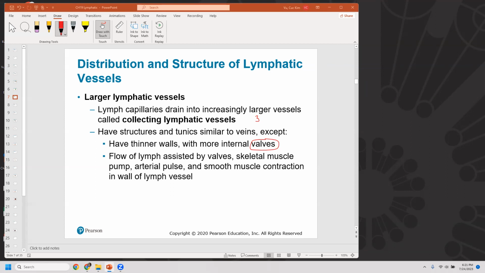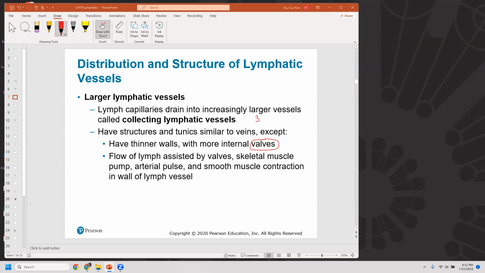Okay, so blood pressure is what drives it. Now you learn that as the blood moves through the arteries, which is created by the contraction of the ventricle, which leads to the blood pressure pushing it through. By the time it gets to veins, what drives the movement of blood through veins?